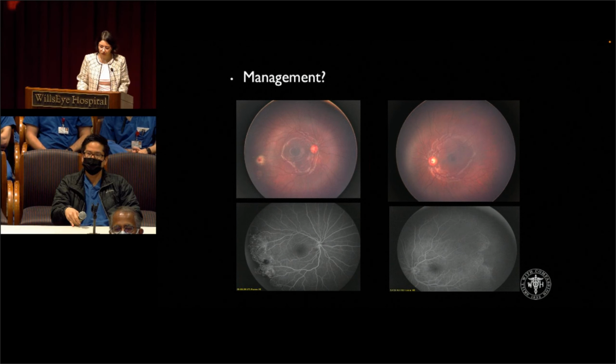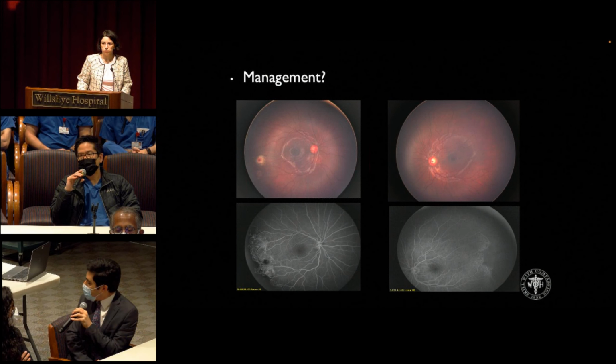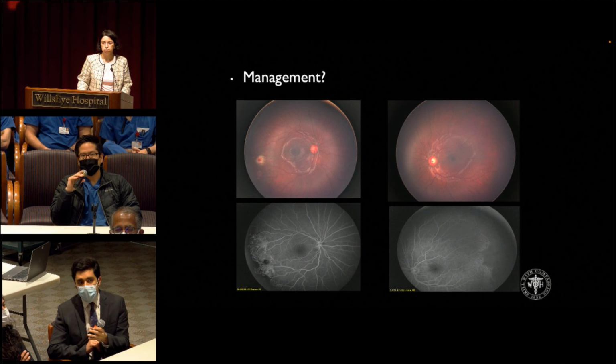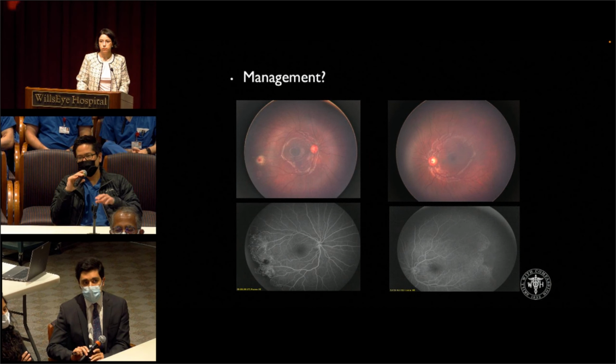Yes. So Dr. Yonekawa, in this patient, it sounds like they were known to have an established diagnosis of at least aplastic anemia. If you were to see this patient for the first time without a diagnosis and with those findings, do you typically get a CBC, or do you tend to direct them straight to a pediatrician? Good point. So I don't get CBCs on every patient with FEVR or Coats, and usually these kids with dyskeratosis with this severe of a phenotype have obvious systemic findings.